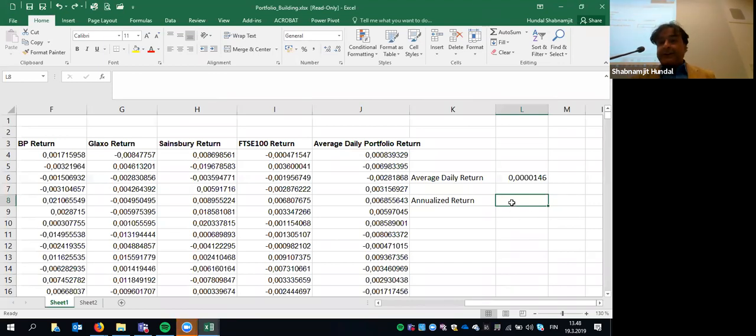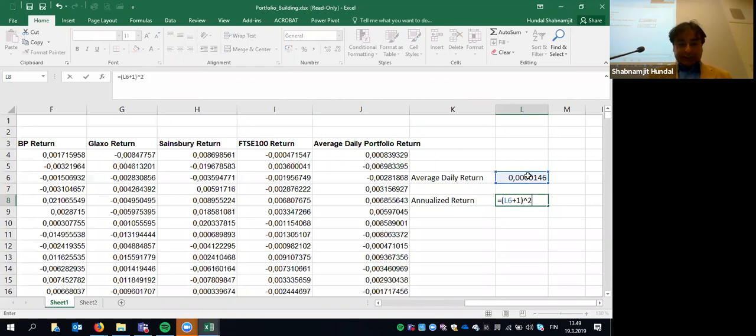We can annualize the return very quickly. And the formulation is that we select the number, the average daily return plus 1 to the power of 250 minus 1. And you can see here the arrowhead, which means that it's to the power of.